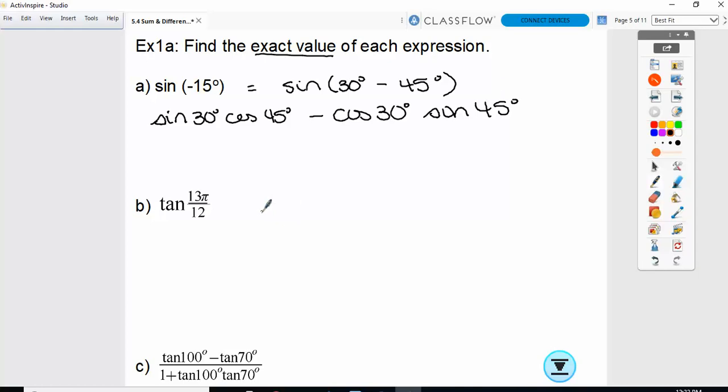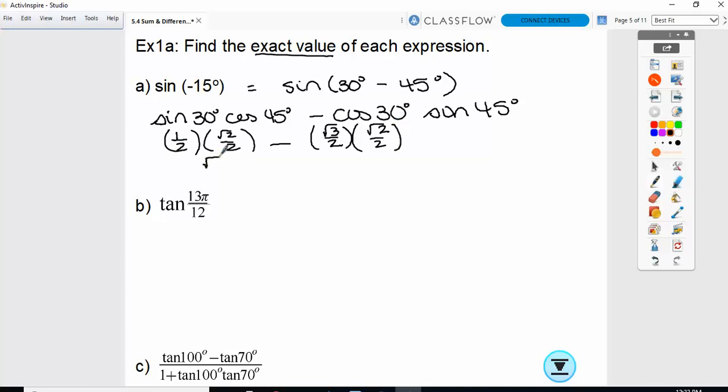So, sine of 30, 1/2. Cosine of 45, minus the cosine of 30, radical 3/2, times the sine of 45, which is radical 2/2.